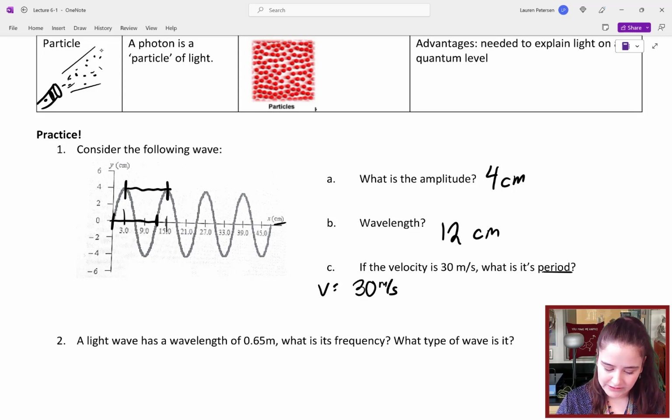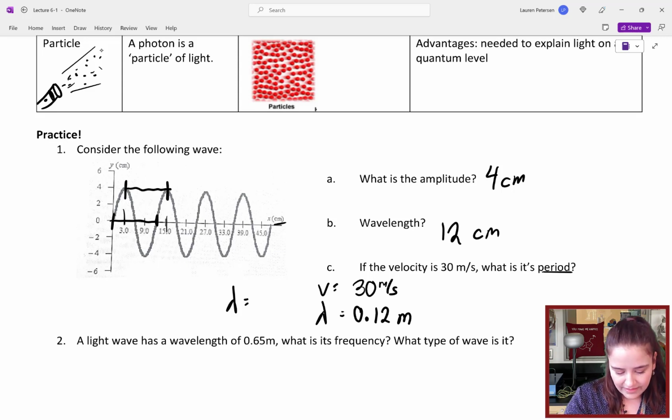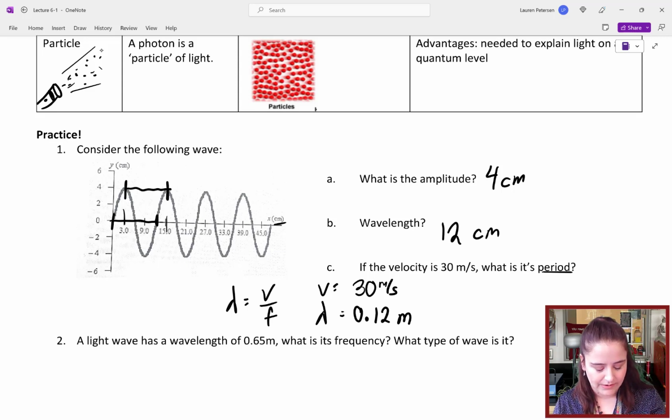So we're looking for the period. We know the wavelength is 12 centimeters. Since my speed's in meters per second, I'm going to put that one in meters for consistency. Wavelength equals speed over frequency. That is how it is in your equation sheet. But if we want the period, period is equal to 1 over the frequency.